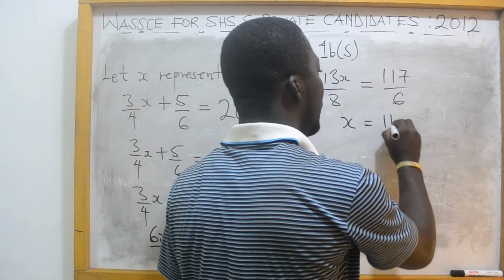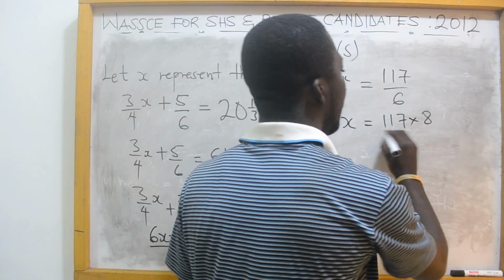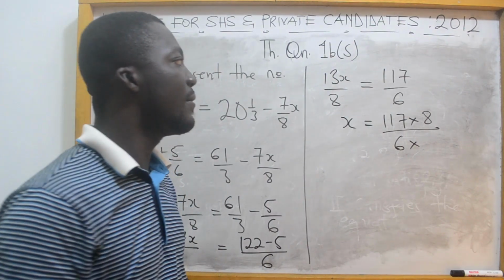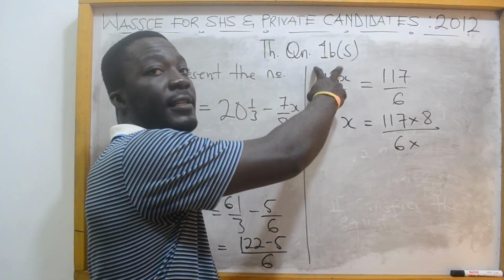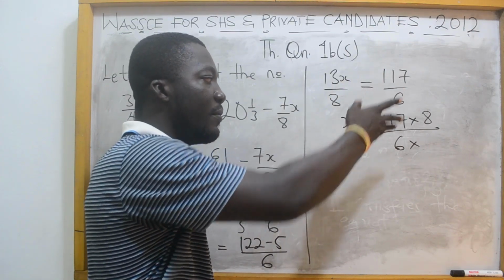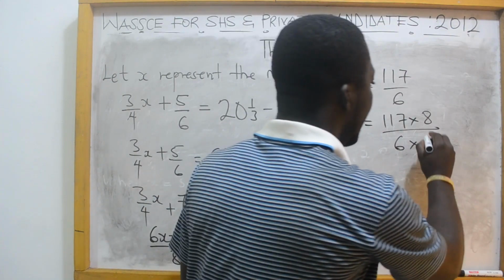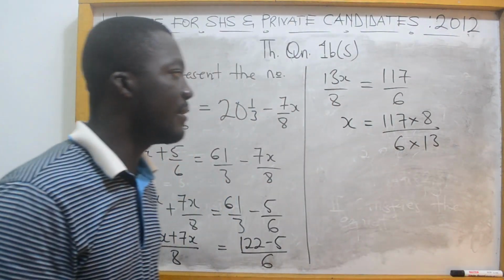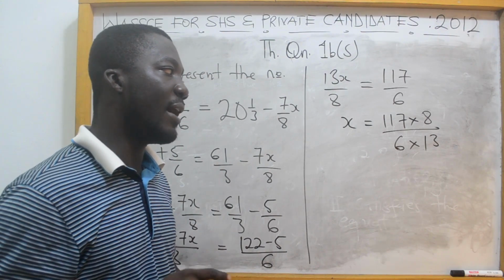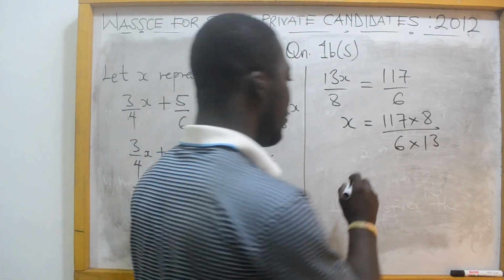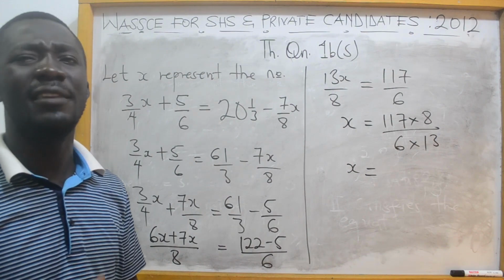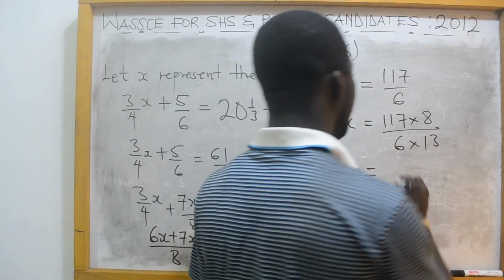So already we have 117 there, so it will multiply with the 8, and we also have 13 there at the numerator side, so when it crosses to the denominator at the right hand side, it will be 6 times 13. So we have 117 times 8 divided by 6 times 13. And when you do the cancellations or punch it on a calculator, you are going to get a value of x to be 12.